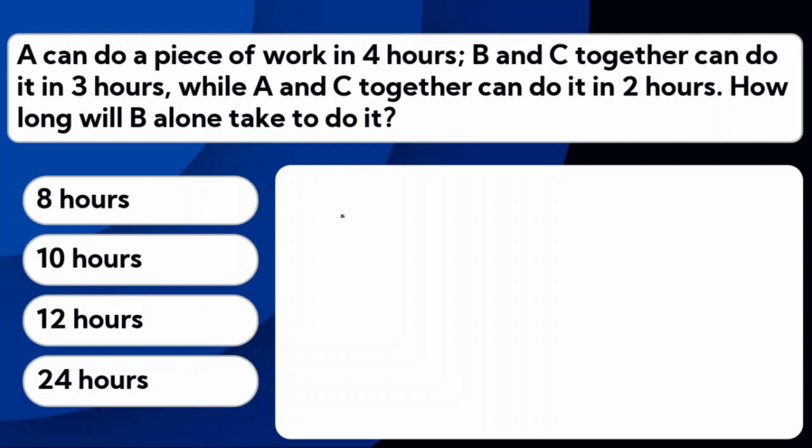So just look at it. A can do a piece of work in 4 hours. So per 1 hour he will do 1 by 4th of the work. And B and C together are completing the work in 3 hours. So they can complete 1/3 of the work in 1 hour. So I am adding A plus B plus C, all the 3 members now.